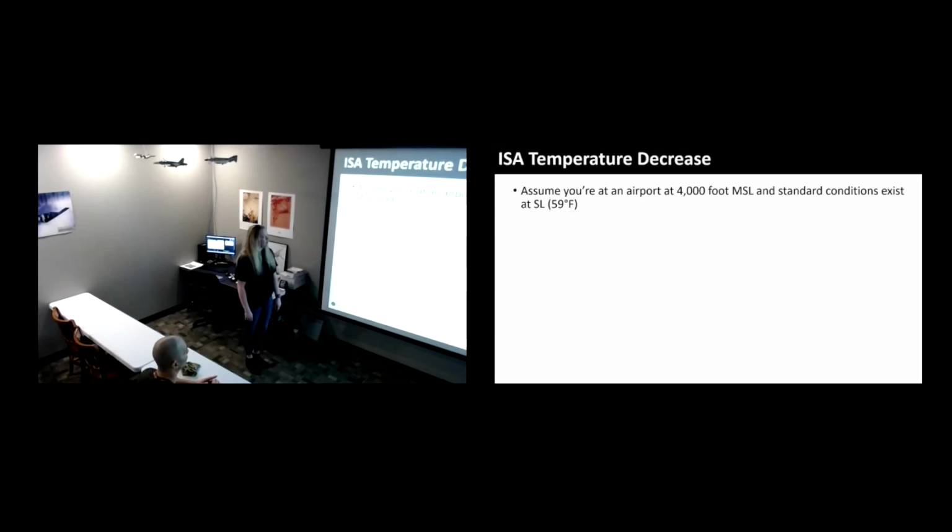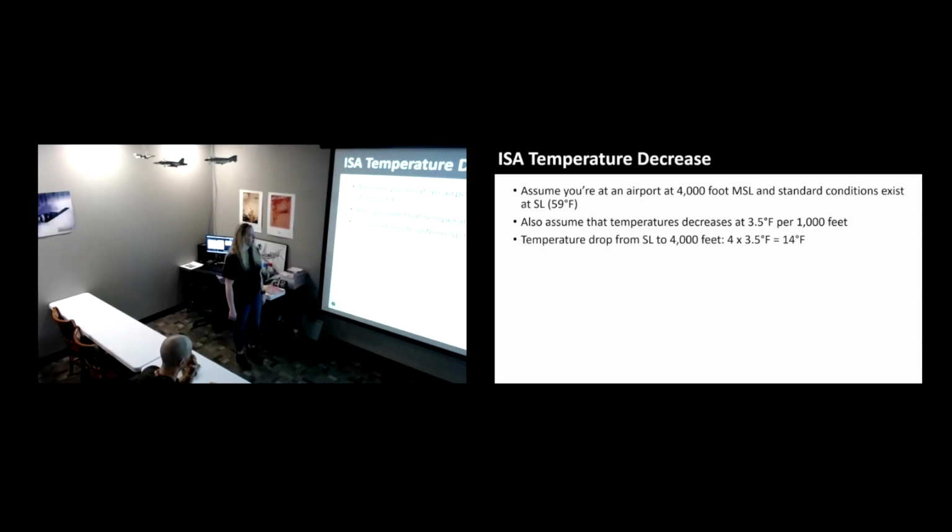All right. So if you're at an airport at 4,000 feet and standard conditions exist at sea level, you can also assume that the regular temperature lapse rate is applicable. Temperature drop from sea level to 4,000 feet, you're going to get 14 degrees.